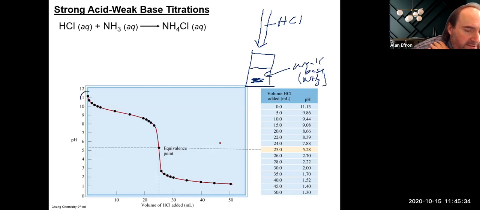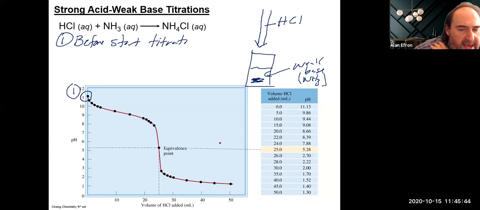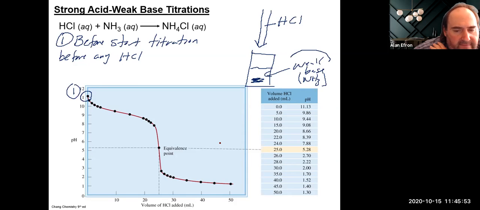So before we start the titration, and before we add any HCl, if we think about what we have in the beaker, our flask, we essentially have just a weak base.